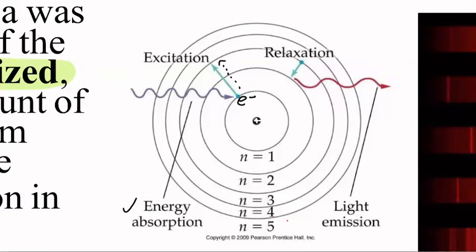Or like you can see in the example, it can go from the third level to the second level. Now, what happens in the process of relaxation is that light is emitted. So understand that in excitation, energy is absorbed, but in relaxation, light is emitted.